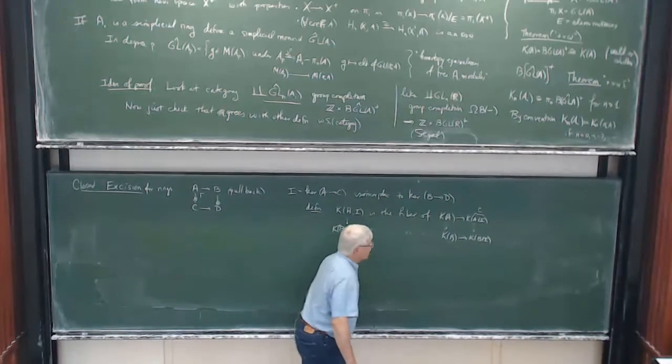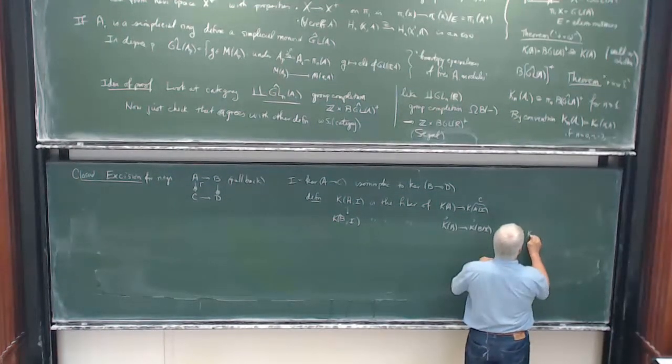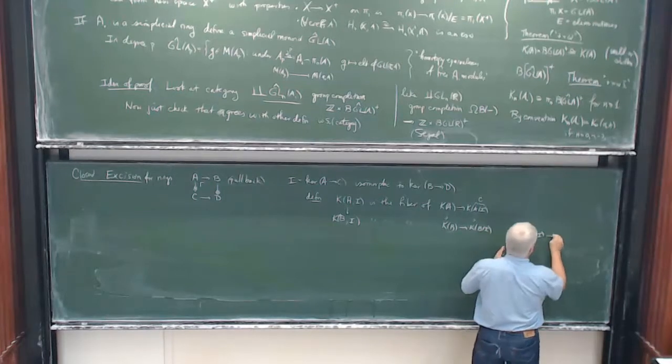So we have actually the following diagram, K(A, I), so these are spectra.